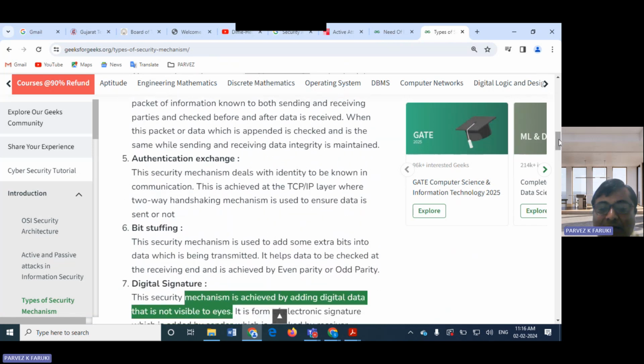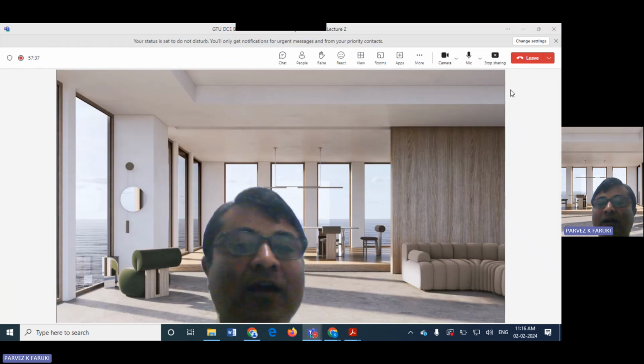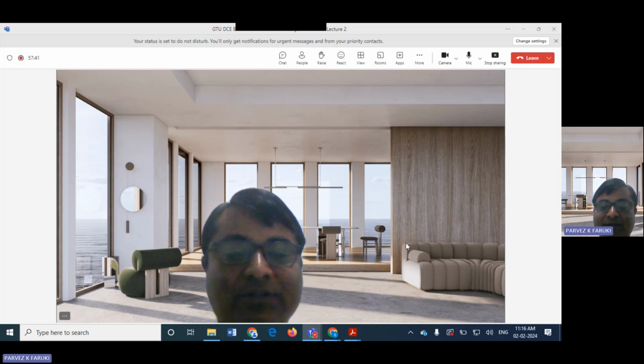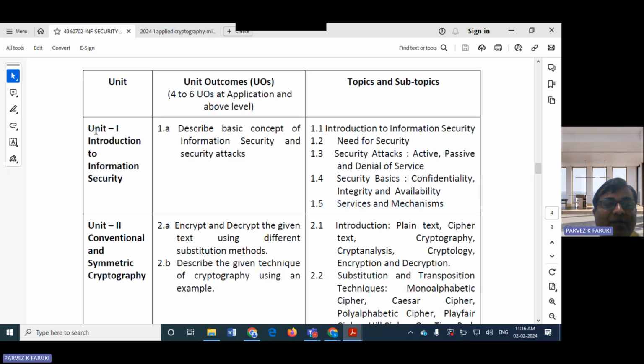So as of now, I think we have been able to know a lot about the first unit of the syllabus, Introduction to Information Security, where we have clearly described the basic concepts of security and attacks.